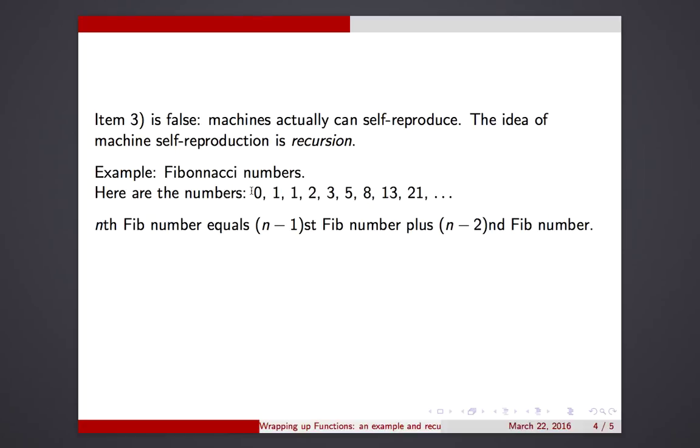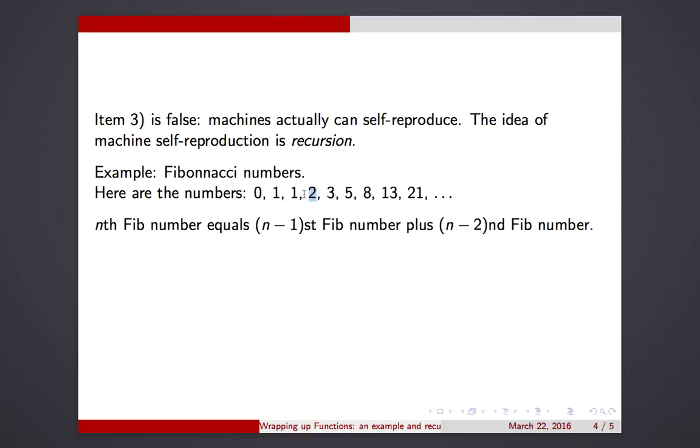First of all, here are the Fibonacci numbers: 0, 1, 1, 2, 3, 5, 8, etc. If you haven't seen these before, you may pick up on a pattern pretty quickly here. Notice that this number here is the sum of the previous two numbers.